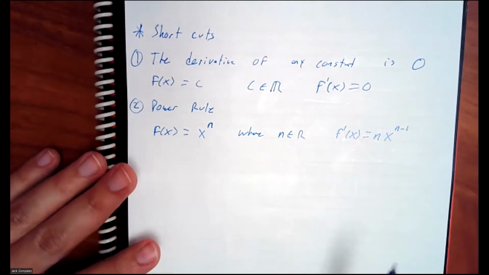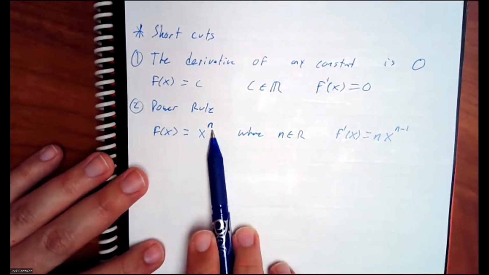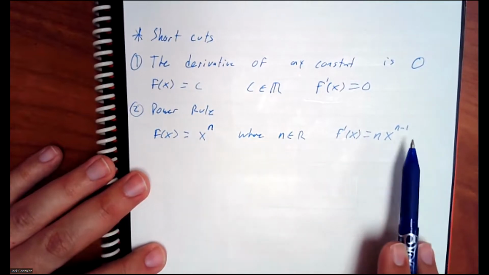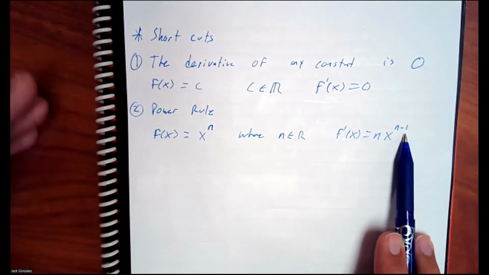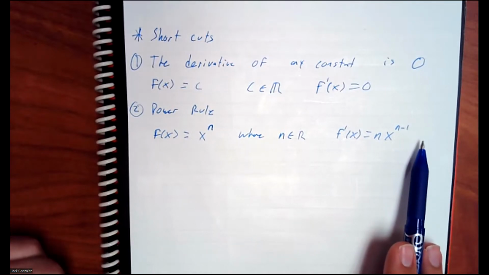So all you have to do is you take that power in front, and then you subtract 1 from the original power. That's all you gotta do.